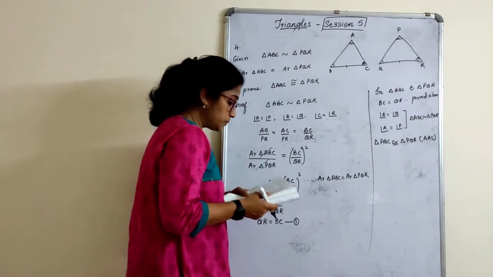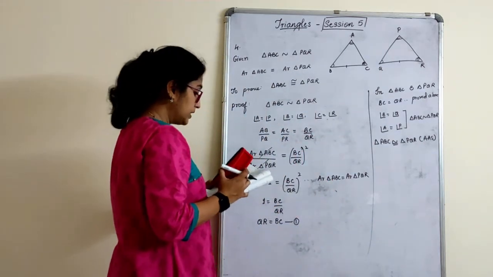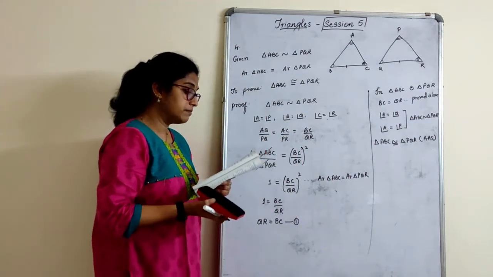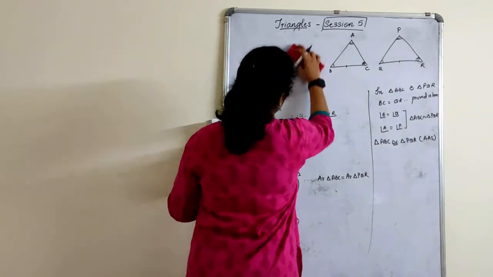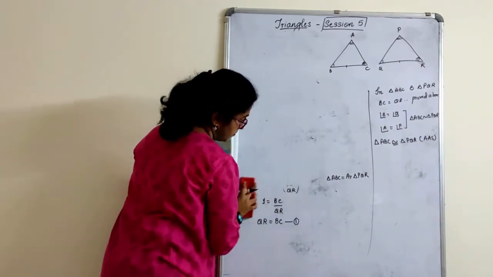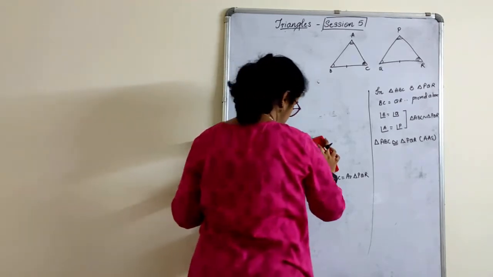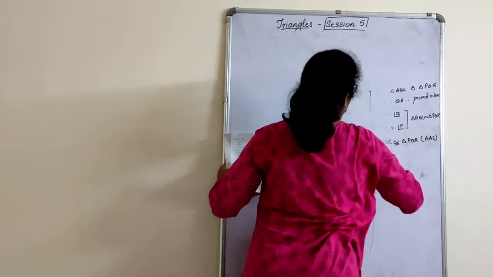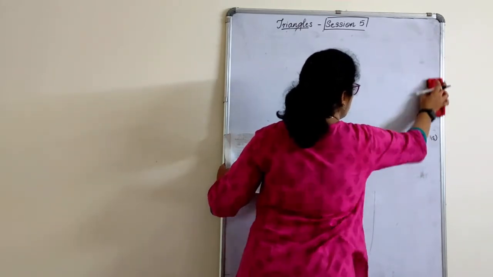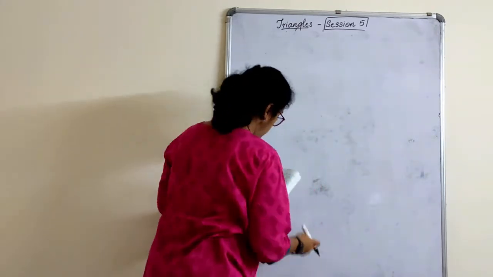Next one. D, E and F are respectively the midpoints of sides. Let's start with this. So you can see the figure is not there. You need to understand from the question and draw.